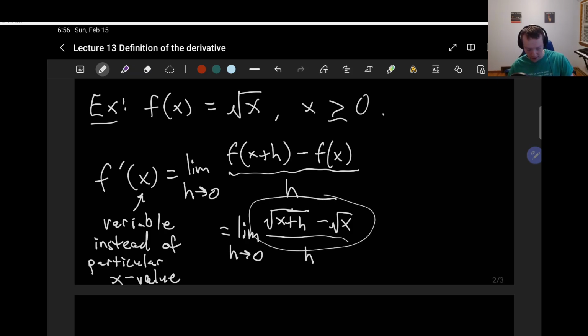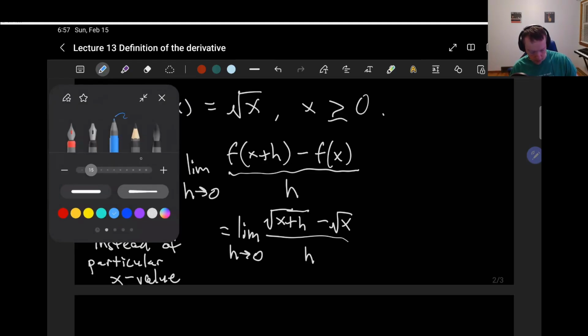Square root of x minus itself is 0 over 0. So plugging in 0 for h doesn't work. So the trick is when you have square roots involved, you're probably going to want to multiply by the conjugate.